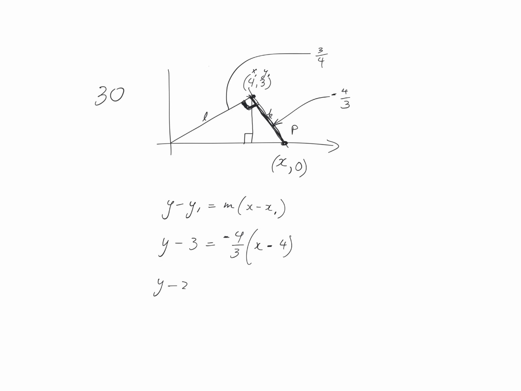So y minus 3 equals, this distributes, negative 4/3 x minus, this distributes here, 4/1, multiply the fractions. We actually have negative negative, so it's positive, and we get 16/3. Let's not forget that y is equal to 0 from above, from right there. So I can make y equal to 0, that makes it go away. So I have negative 3 equals negative 4/3 x plus 16/3.